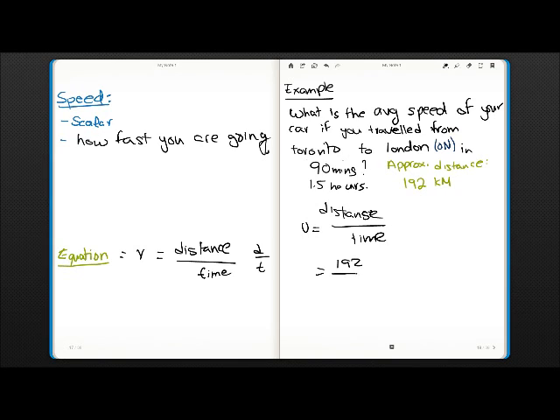It'll be 192 over 1.5, which gives us exactly 128 kilometers per hour. And keep in mind, this is average speed.